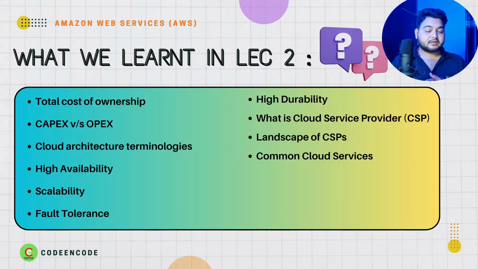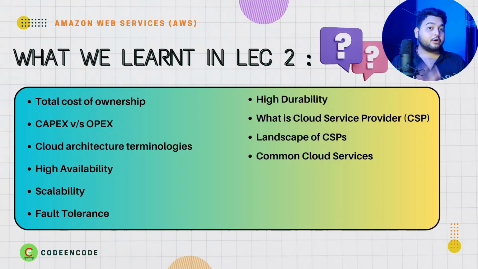We discussed all these things in the previous lecture, so make sure you go and check out lecture 2, and I will pin the link to lecture 2 in the description. Then we discussed the landscape of the CSPs, and the last topic was common cloud services. So these are all the concepts we have already covered in lecture 2.